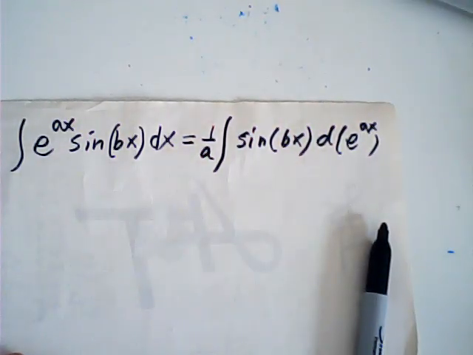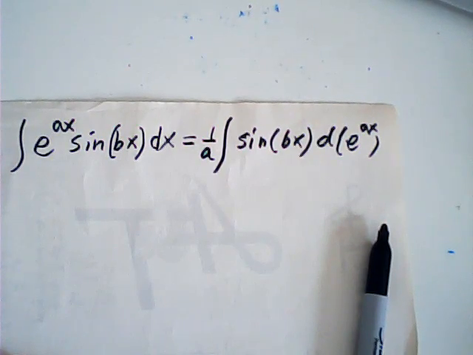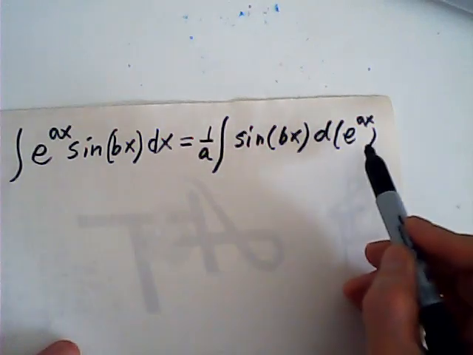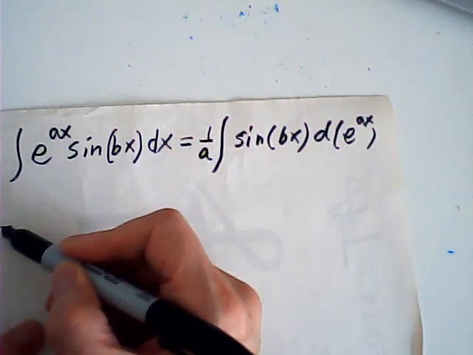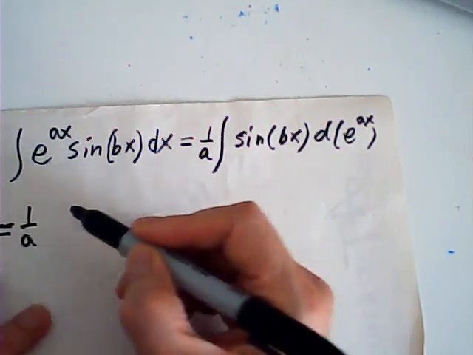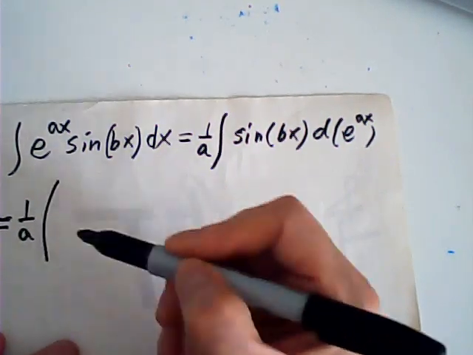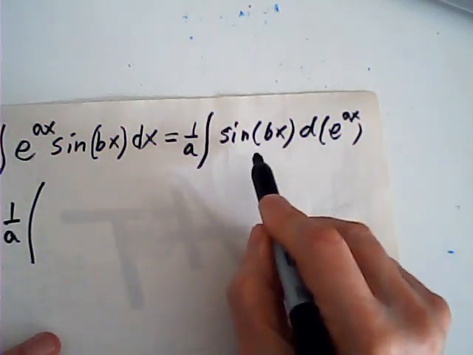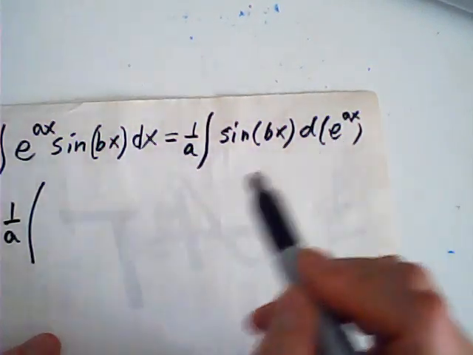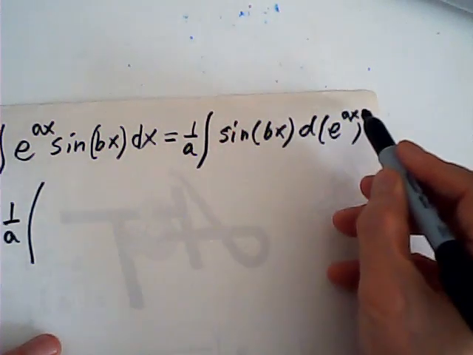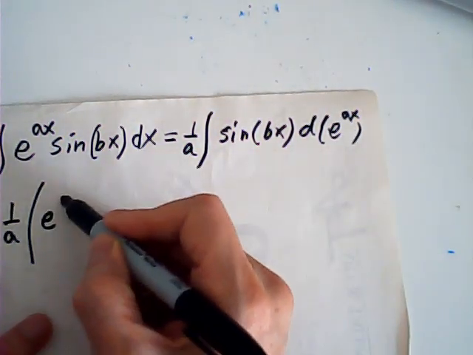Okay, so then it's equal. Right, it's equal. Obviously, this is a u, this is a v. So this is equal to 1 over a, and uv, u times v, right? Is sine bx times e to the power of x, but I'm writing this way.